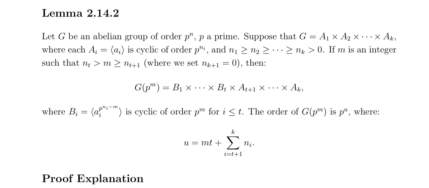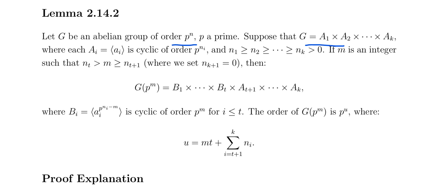This is the result: G be an abelian group of order p power n, and p is a prime number, G is the direct product of A1, A2, ..., Ak, Ai is generated by some element ai and is cyclic of order p power ni. This is n1 greater than or equal to n2 and so on, greater than or equal to nk greater than 0. M is any integer, that is nt greater than or equal to m greater than nt plus 1.